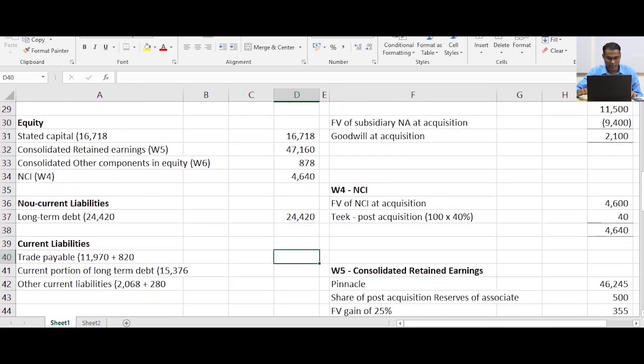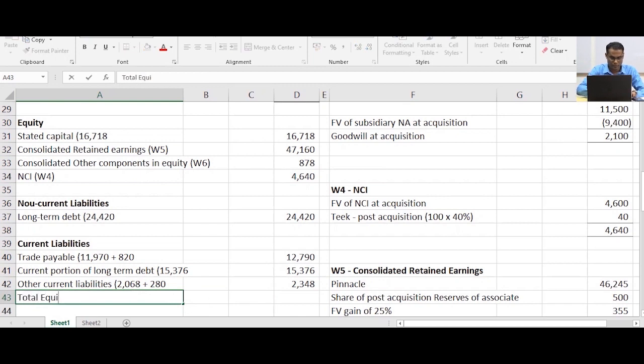Current liabilities, trade payable 11,970 plus 820, 12,790. Current portion of the long term debt 15,376. Finally, other current liabilities 2,068 plus 280, 2,348.